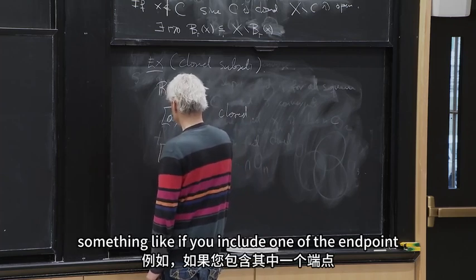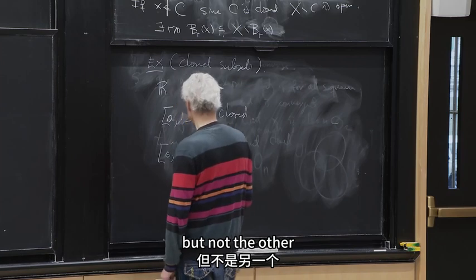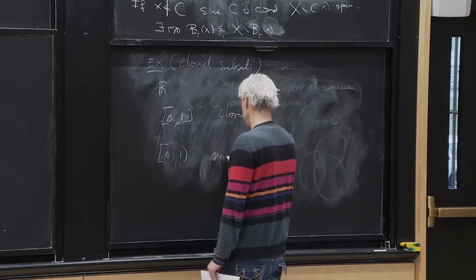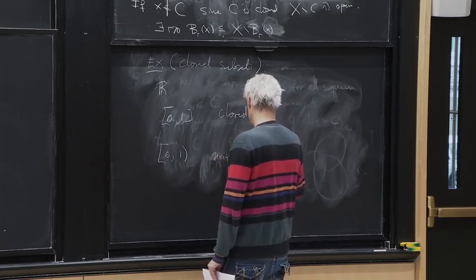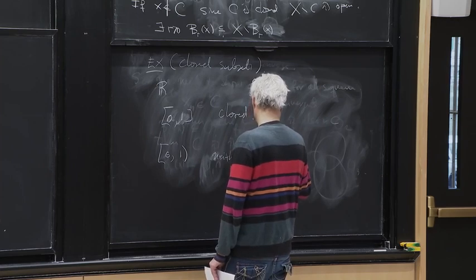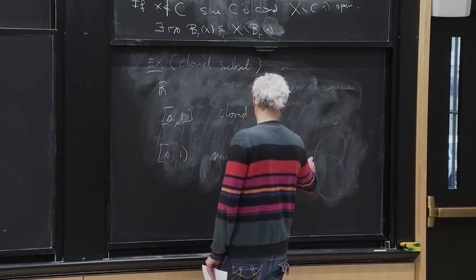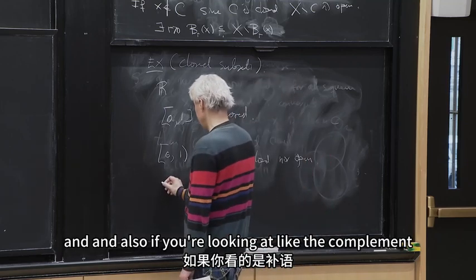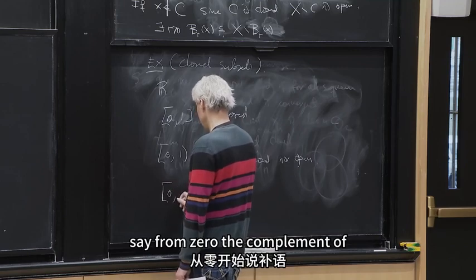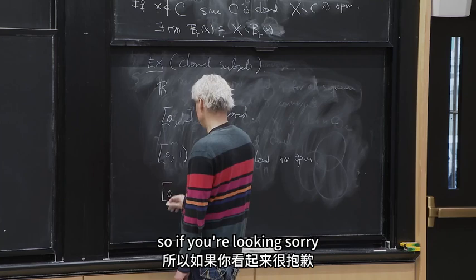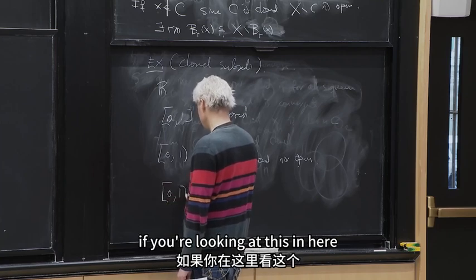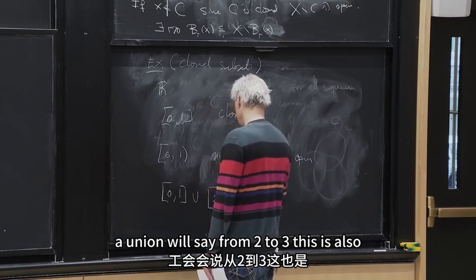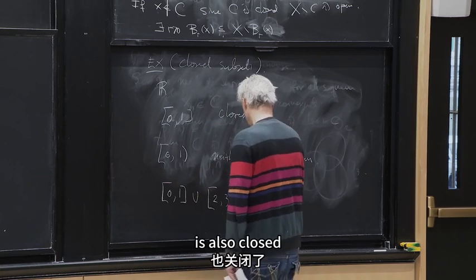Something like, if you include one of the endpoints but not the other, this is neither closed nor open. Right, and also if you're looking at the complement, say from 0, of this thing here, union from 2 to 3, this is also closed.